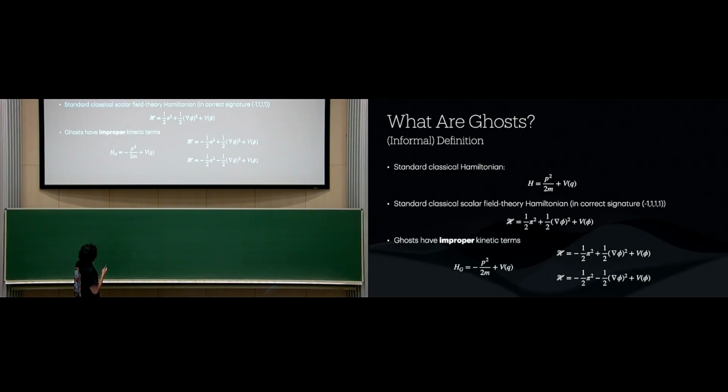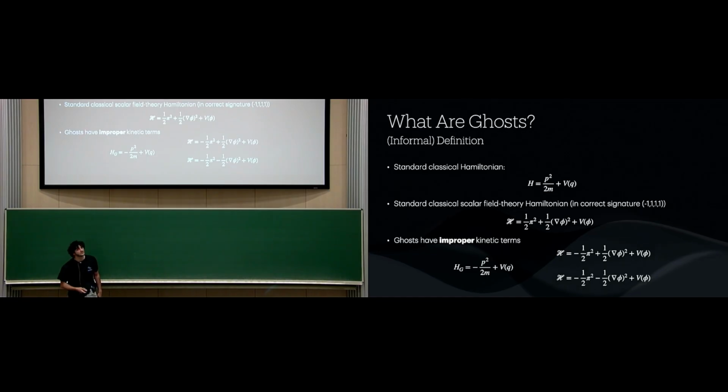So essentially, you now have unbounded motion in phase space. What this corresponds to is that the volume in phase space which is dynamically accessible by your degree of freedom is now infinite, whereas in the healthy case, it's finite.